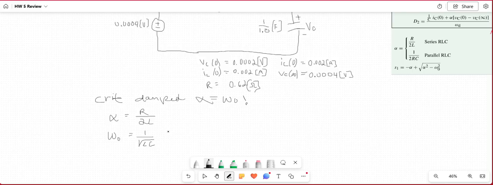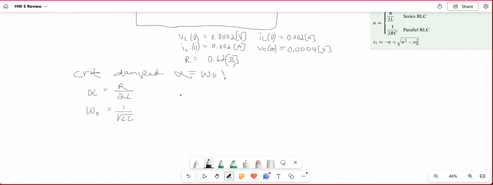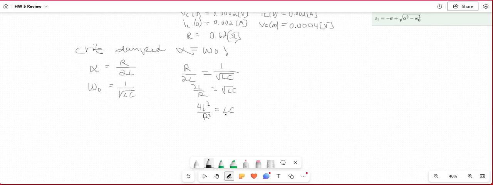Because alpha equals W naught, we can set these two equal. Now we know what R and C are, we just need to solve for L. So we would have square root LC equals 2L over R. Square both sides, you'll have 4L squared over R squared equals LC. And then divide by L. Oh, my bad. We need to divide by C.